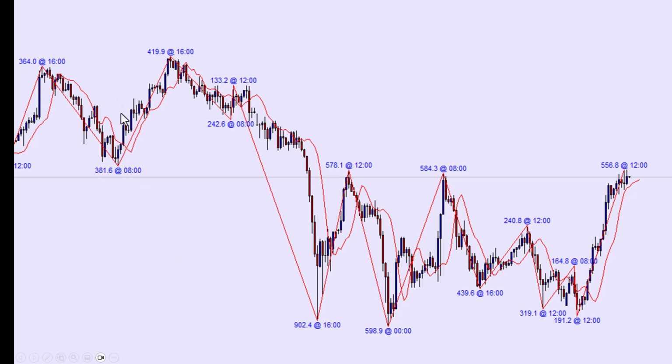Now, before we get into that, here's another currency. This is the pound yen, and you can see the vibration rate of the pound yen is really big. Here you can see a 900 pip leg, and then an almost 600 pip leg, then an almost 600 pip leg, then another 600 pip leg, then a 400 pip leg, 200 pips, and then just recently another 556 pip leg. Now those legs are saying that this is a highly volatile currency.